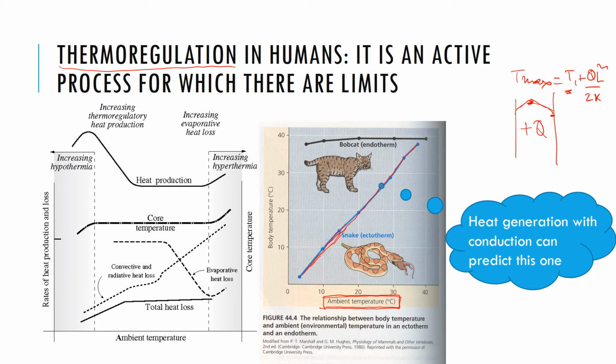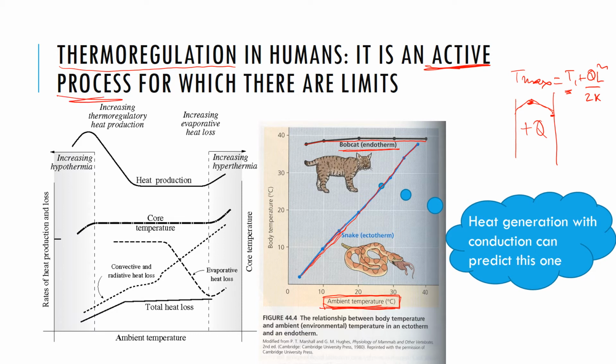in case of the warm-blooded animal like humans, like in this case the bobcat, even though the ambient temperature changes, the core temperature stays more or less constant. So how does it do that? This is an active process.